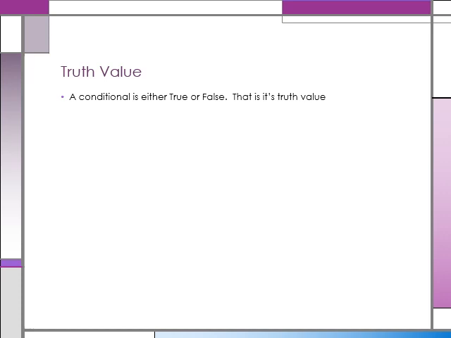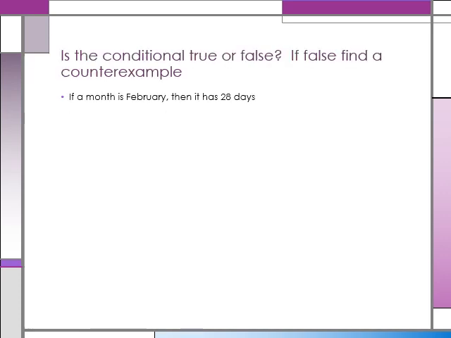A truth value just says whether a conditional is true or false. That's all a truth value is. So for a conditional to be true, both its hypothesis and its conclusion have to be true. So we're talking like logic here, and this can get a little confusing. Is this conditional true or false?